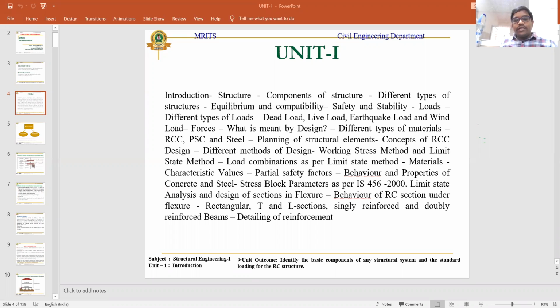You can assume these are the cross-sectional details of the steel in the structure, the different diameters of bars which I have placed in the tensile zone. You can assume 10 mm or 12 mm, and I have placed only 3 bars. Therefore, here you can write it as 3 bars of 12 mm diameter, and this is called the concrete zone. Here also you can place these bars.